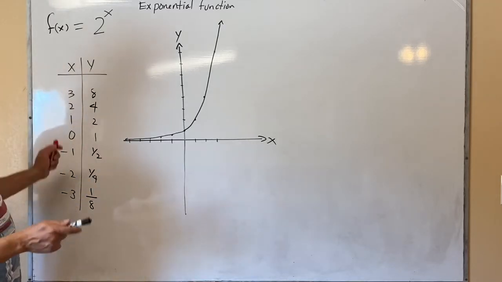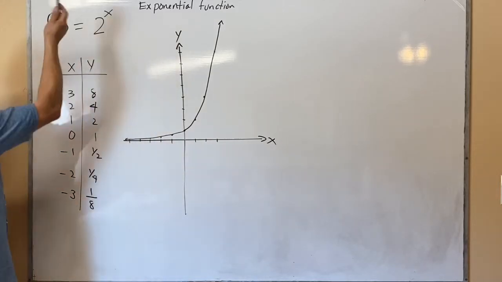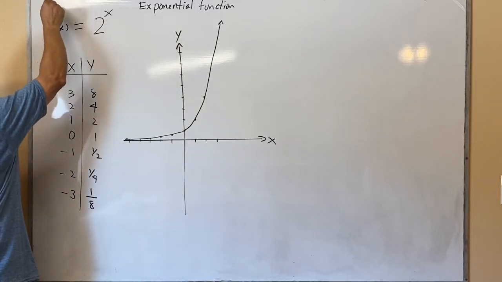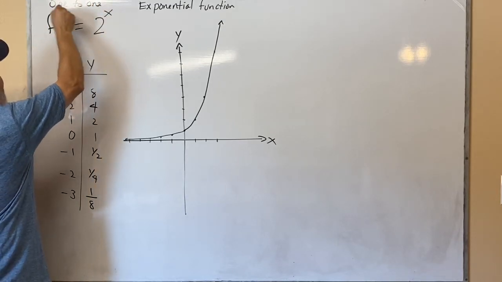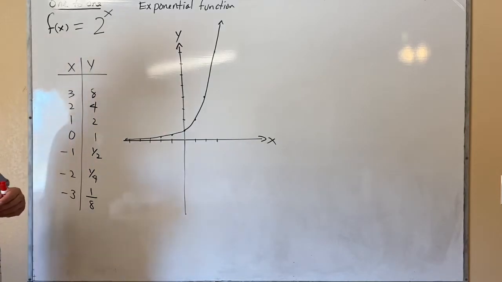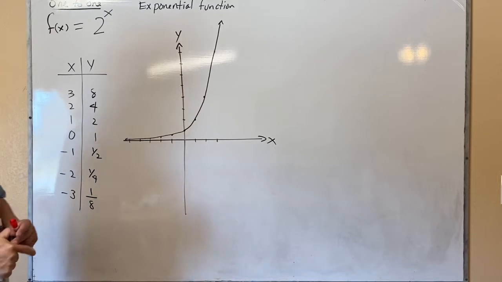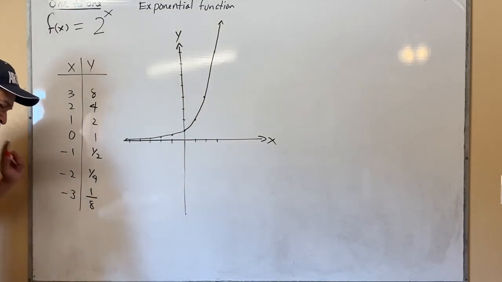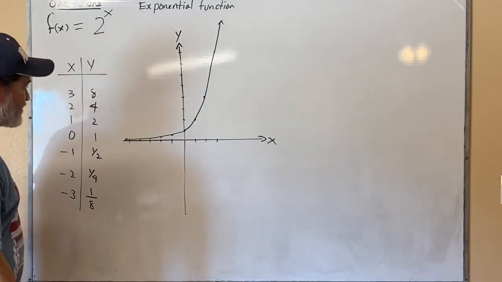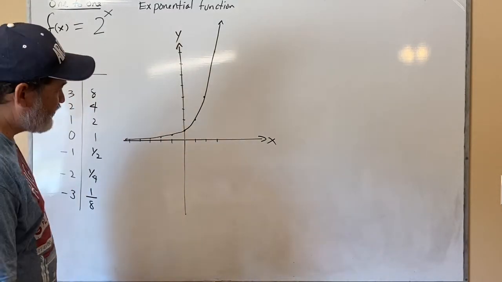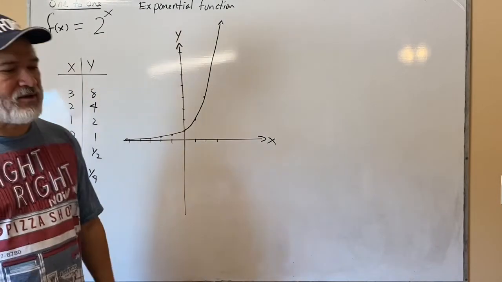But the inverse does exist, so this is 1 to 1. You can graph the inverse if you want to, but we'll talk about that later.